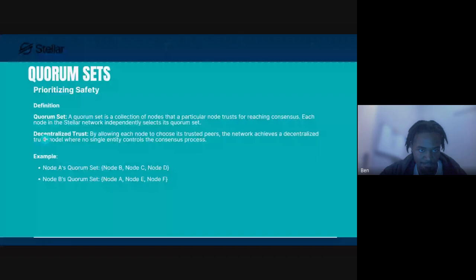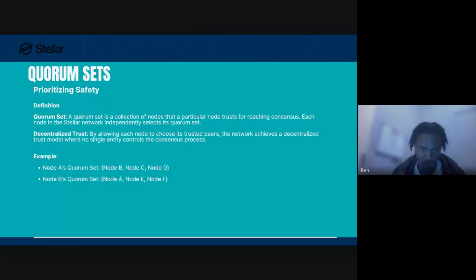So, decentralized trust: by allowing each node to choose its trusted peers, the network achieves a decentralized trust model where no single entity controls the consensus protocol. And this all makes sense, because if Taylor decided to tell you that you should only trust this node, this node, this node, and this node, then there's no decentralization.